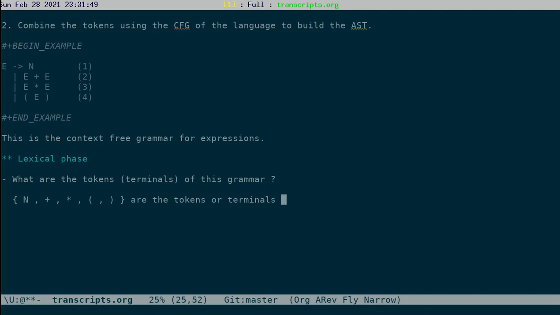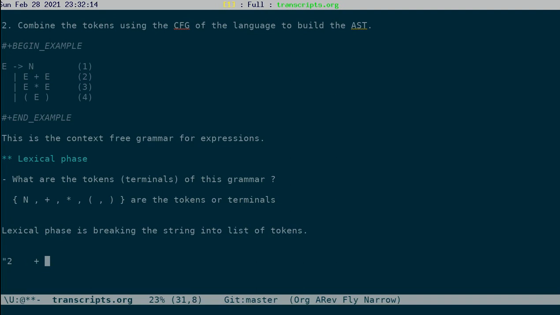Okay, so the lexical phase is breaking the string into a list of tokens. Let's take some example input, maybe not syntactically correct. You have 2, followed by some spaces, maybe 4 or 5 spaces.